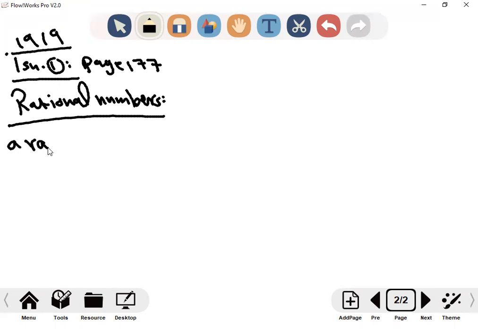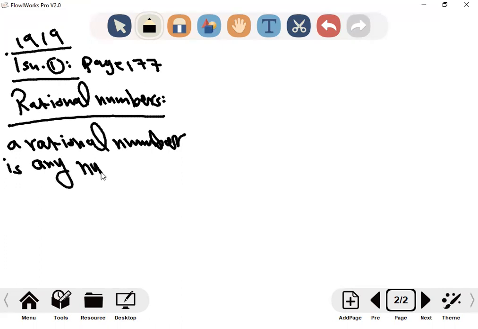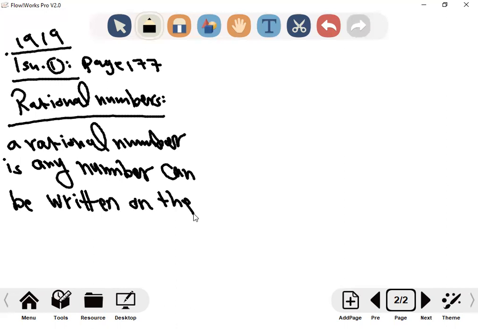A rational number is any number can be written on the form A over what? Over B.